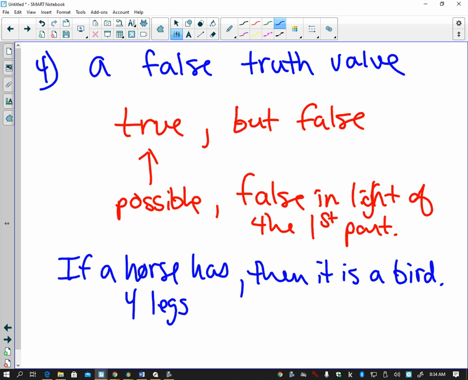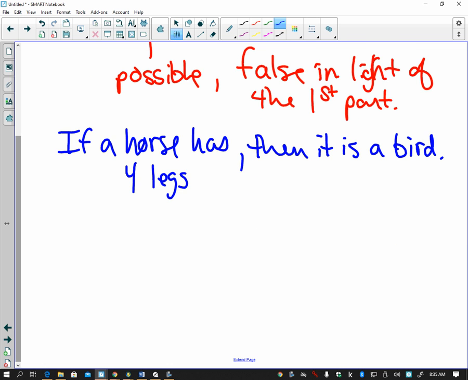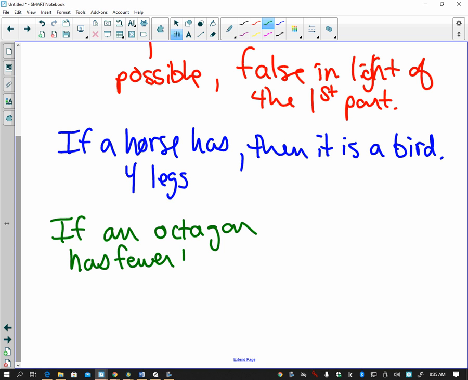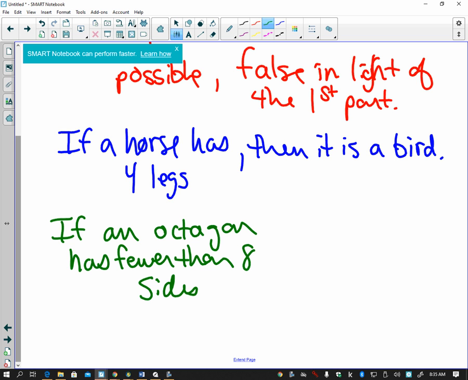All right. So, they're going to give you some statements where the first part of it is false. It's impossible. Okay? They might say something along the lines of, in the beginning of it, if an octagon has fewer than 8 sides, then the sides will be congruent.